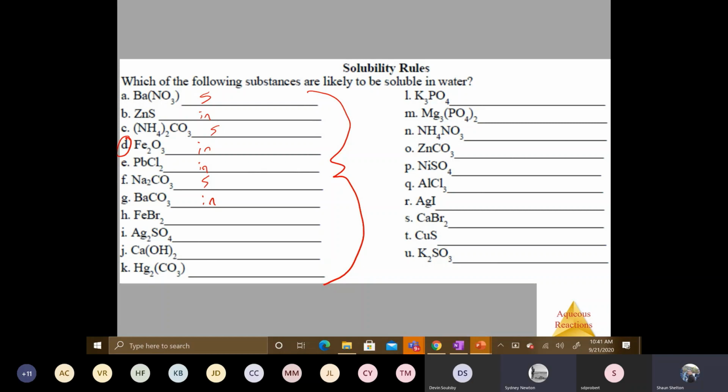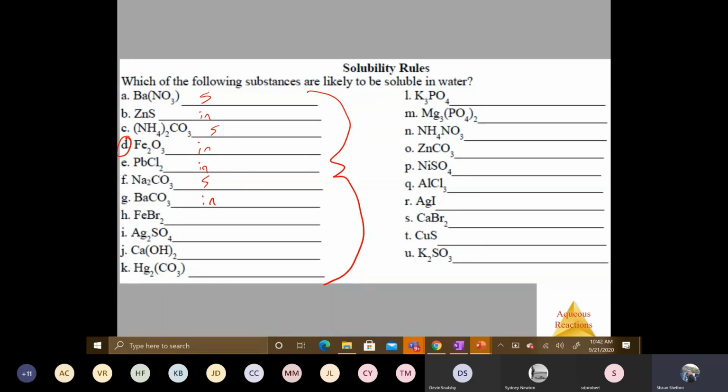Did anybody get H? Devin, did you get H? Not just yet. I can look at it though. All right, let's do it. Okay, so bromine is found in group 1 or group 2? Where's bromine found? Solubility rules. Group 1. Okay, so that's soluble. Now, is iron one of the exceptions?